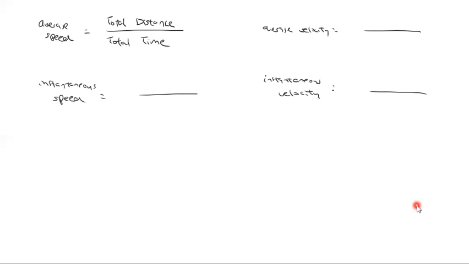All right, but how would we do that if we're trying to deal with instantaneous speed? Well, it's still distance over time, right? But what's the difference?